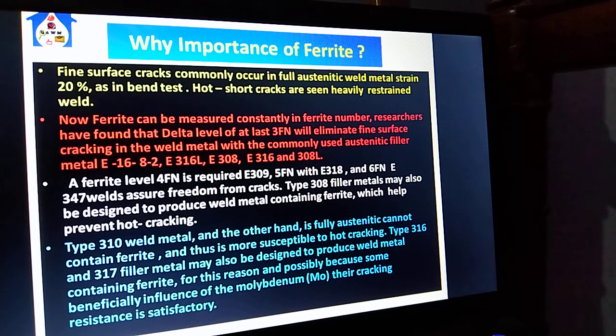Type 316 and 317 filler metal may also be designed to produce weld metal containing ferrite. For this reason, and possibly because of some beneficial influence of the molybdenum, their cracking resistance is satisfactory.